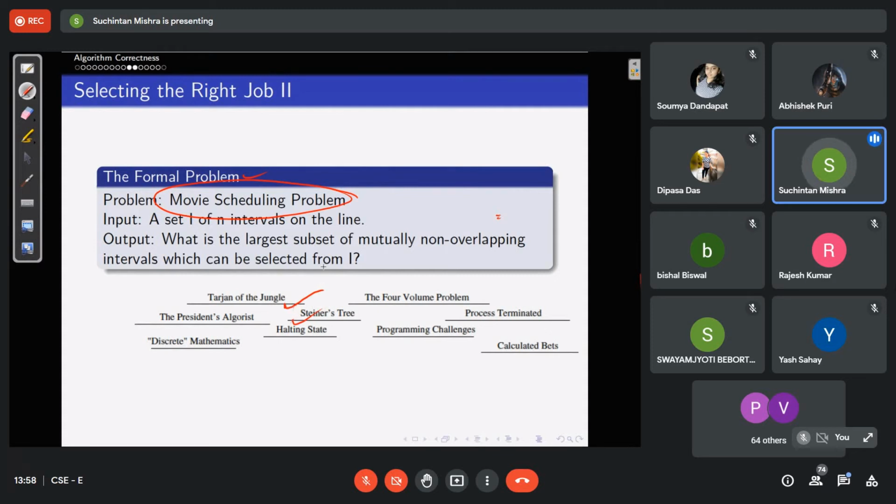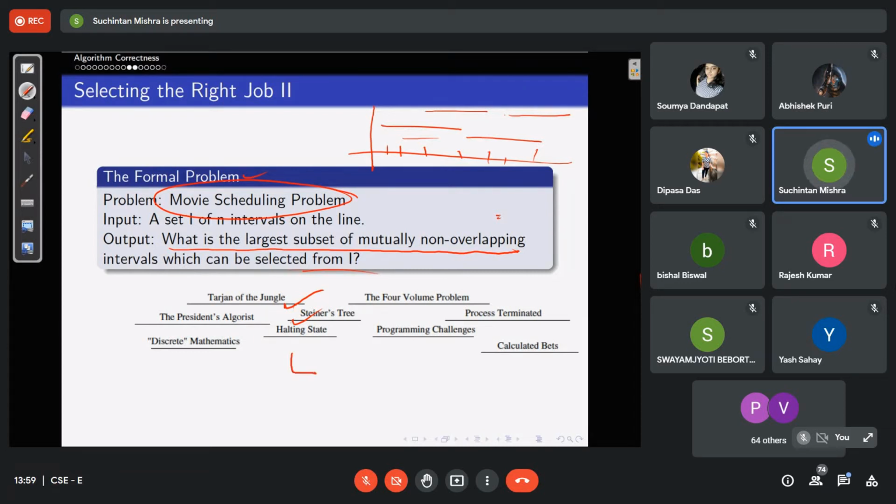So now, if you consider this as a line of intervals, if the intervals are given like this, you can say that yes, these are a set of overlapping intervals. Yes, some are overlapping, some are non-overlapping. So what is the largest subset of mutually non-overlapping intervals which can be selected from I?